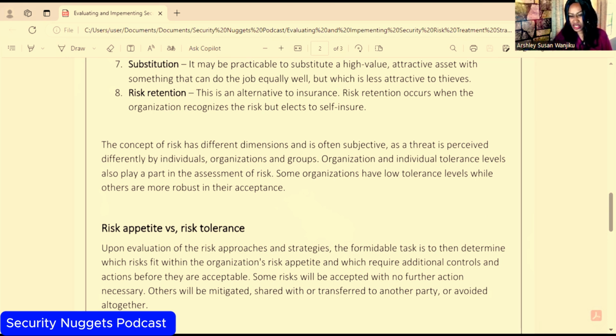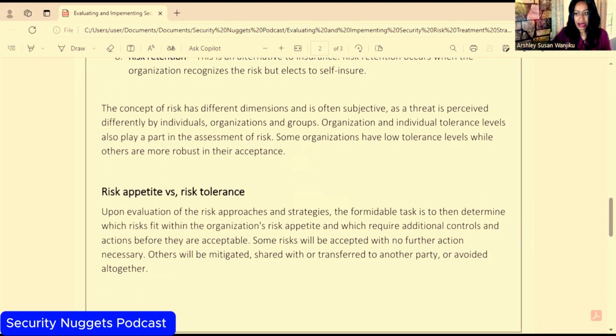Some organizations have low tolerance levels, while others are more robust in their acceptance. I think I mentioned a bit of this when we were talking about the criteria aspect as a very important phase when you're doing the security risk assessment process. Remember, we said before you get to risk identification, you first establish the scope, the context, and the criteria.